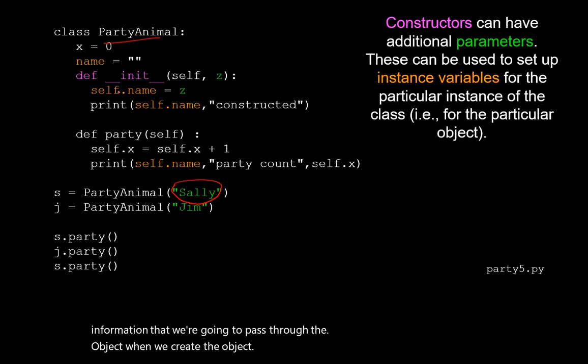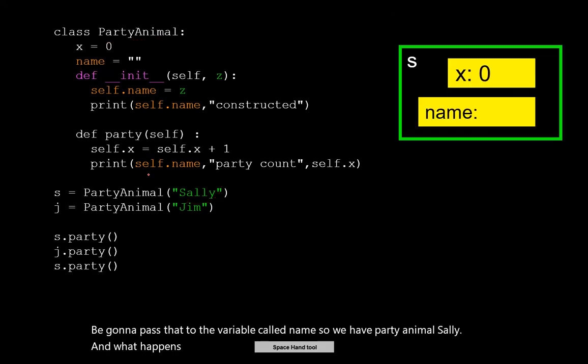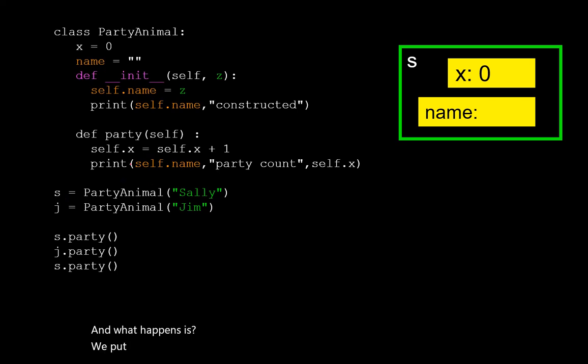In this case, we're going to pass that to the variable called name. So we have PartyAnimal Sally, and what happens is x is 0, the name is Sally, and that's how it is.